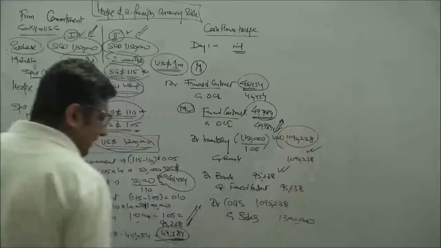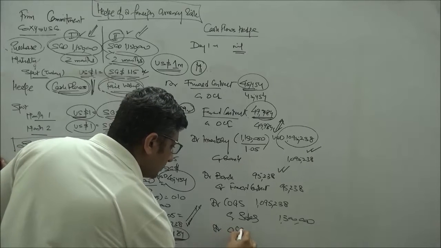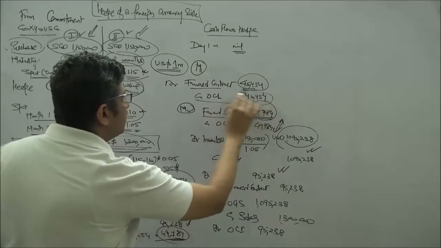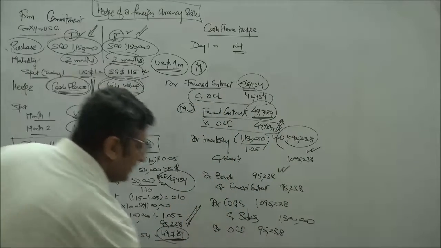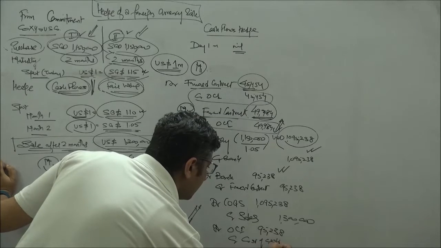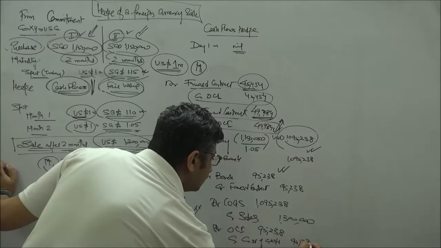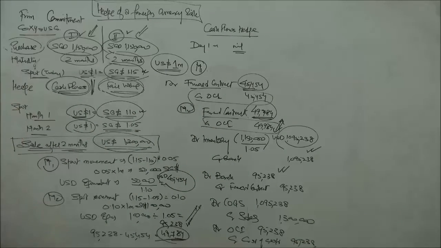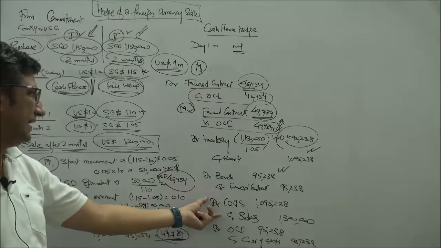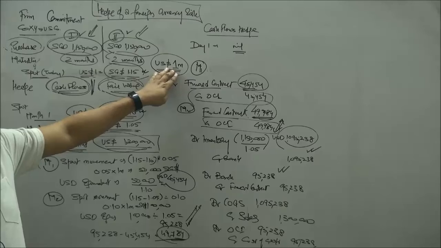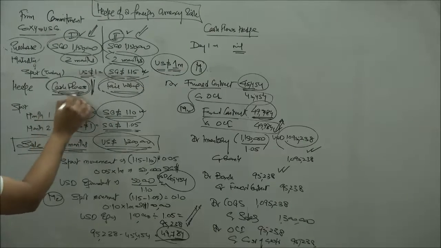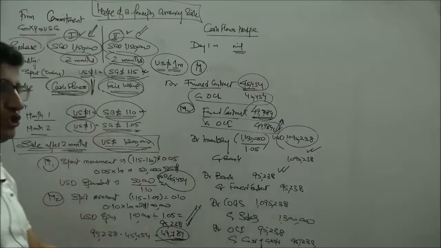Okay, so here my next entry is debit OCI 95238, the cumulative gain that has been sitting so far in my OCI, that would be adjusted against my cost of goods sold, effectively bringing my cost of goods sold to 1 million. That is truly the price I'm paying for this particular procurement. So that is how you would do it under a cash flow hedge, right?